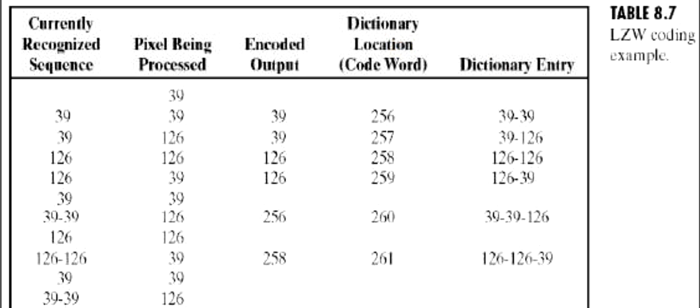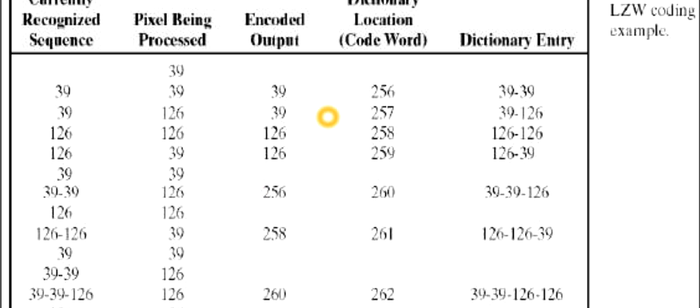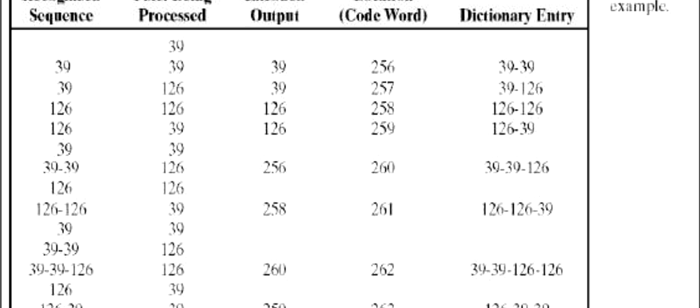Wherever you find similar information being repeated, just like 39, 39 repeated, you will find an entry for that in the dictionary. So repeated sequences will be given similar entries in the dictionary. That's how LZW coding works.